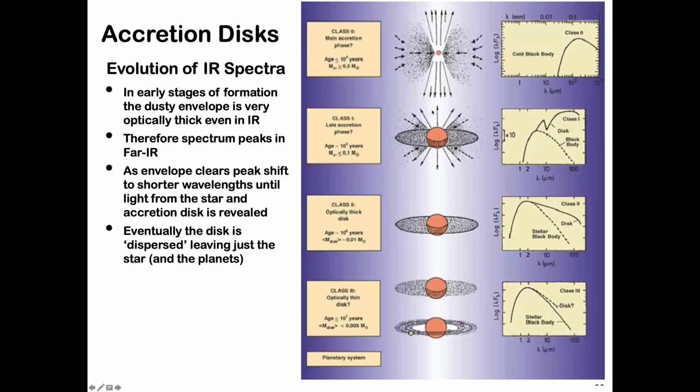So there is a stage in which you have a mixture of envelope and some envelope dissipation, and this is the class 1. And then once you have the complete dissipation of the envelope, we are in the class 2 stage. Now we have a central star that is not even called protostar anymore. Now it's a pre-main sequence star. So it's a star whose luminosity is not just coming from shock accretion as previously, but is actually coming from deuterium burning.